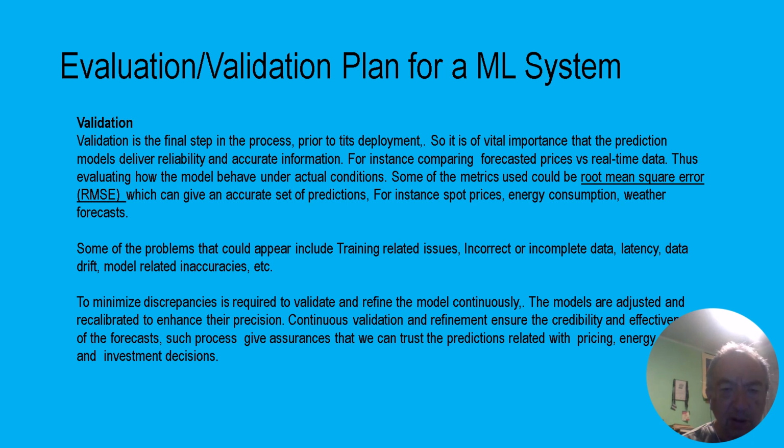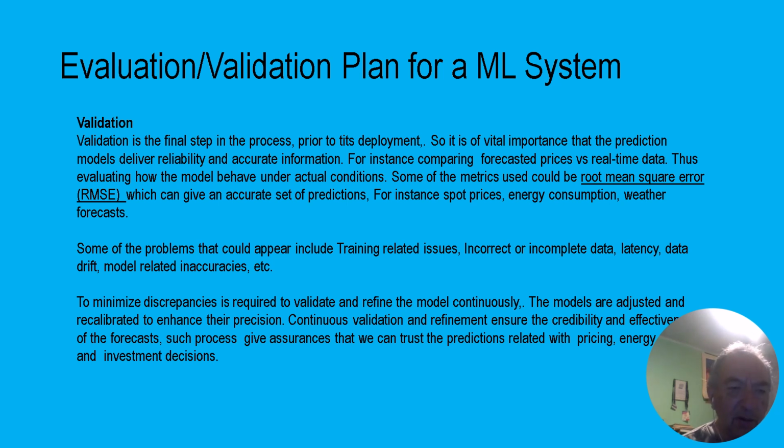Some of the problems that we can face is that the information that we use to train the machine learning model could be incorrect, that we are supplying the model with incorrect or incomplete data, that there exists some latency in the transfer or the collection of information.